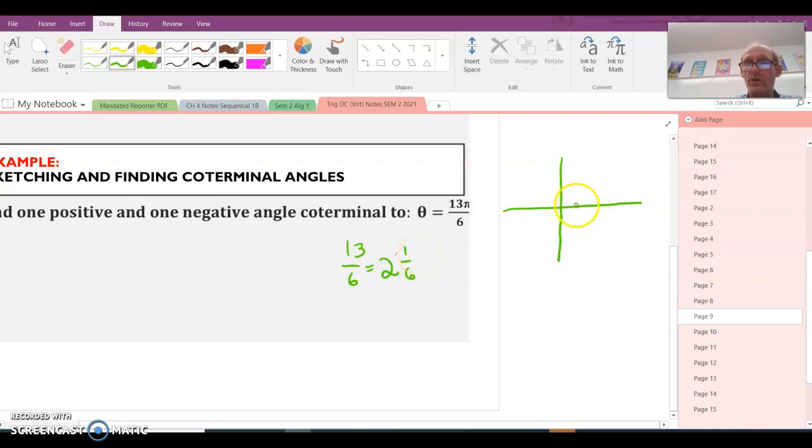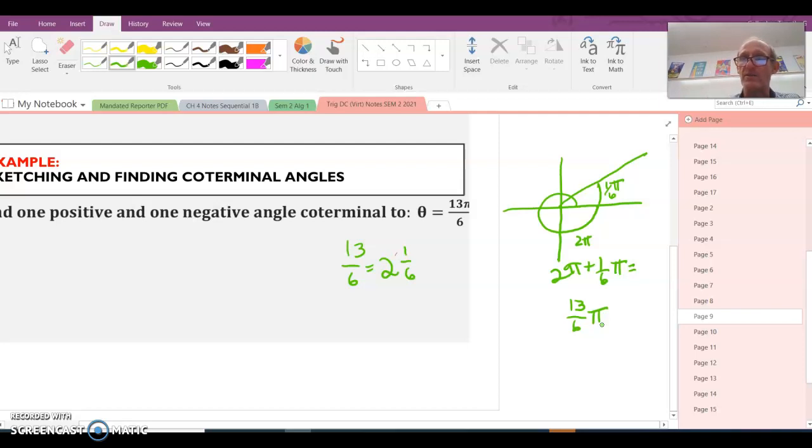So you're going to go 2 pi, right? There's 2 pi here, and then you're going to go 1/6 pi. All right, so 2 1/6 pi, 2 pi plus 1/6 pi, is 13 over 6 pi.